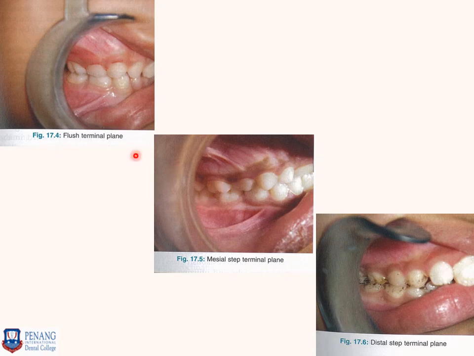Here the primary second molar is mesial to the distal surface of the primary second molar, so it is the mesial step. And in this picture, the distal surface of the lower second molar is distal to the distal surface of the maxillary second molar, so it is a distal step.